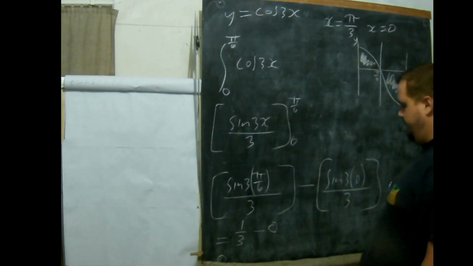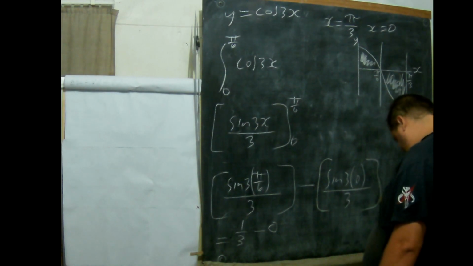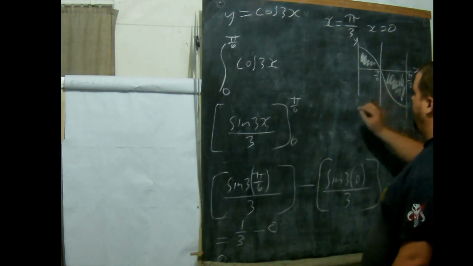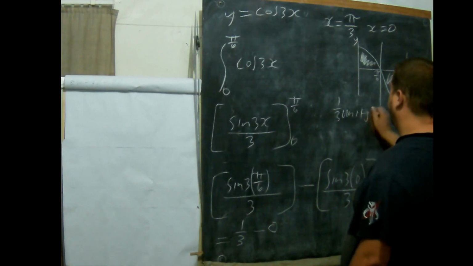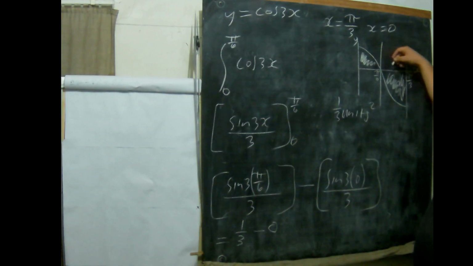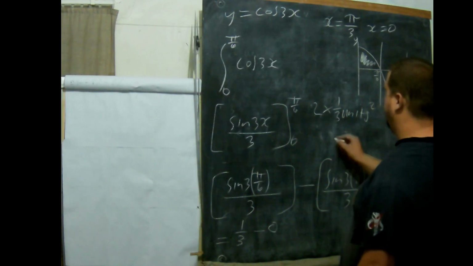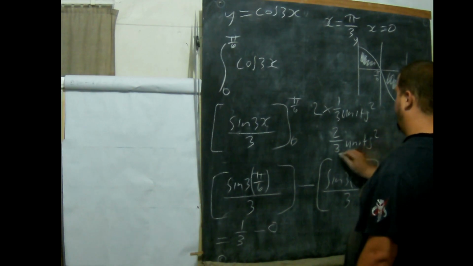So what we have is 1 over 3 units squared. That's for half. Now for the other half, to get the other side, we multiply by 2. So that is 2 over 3 units squared.